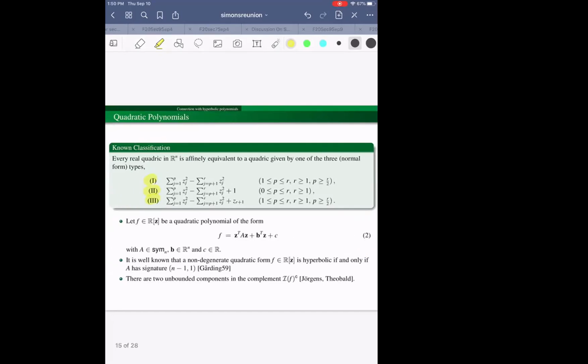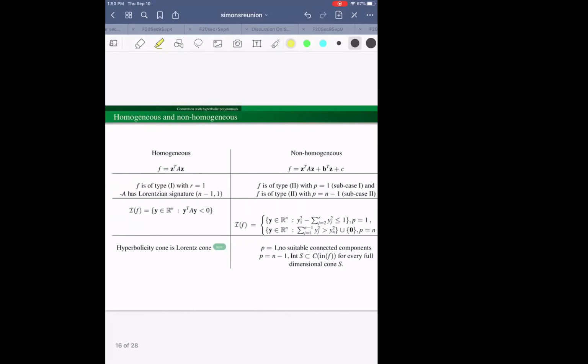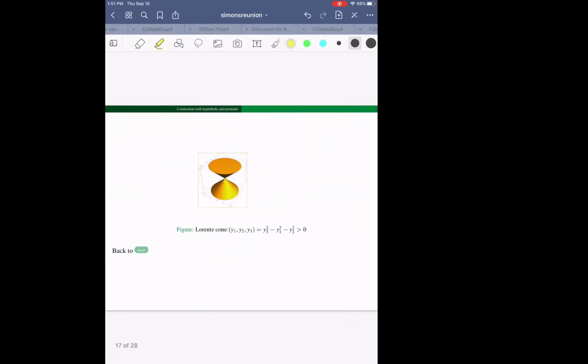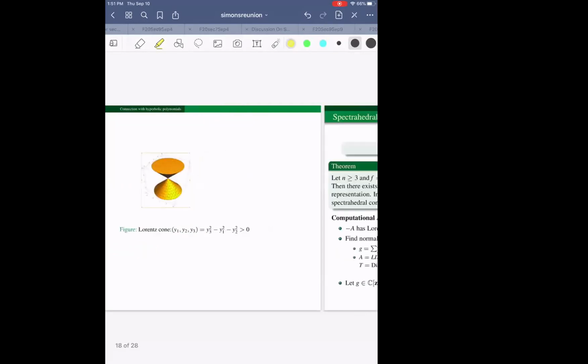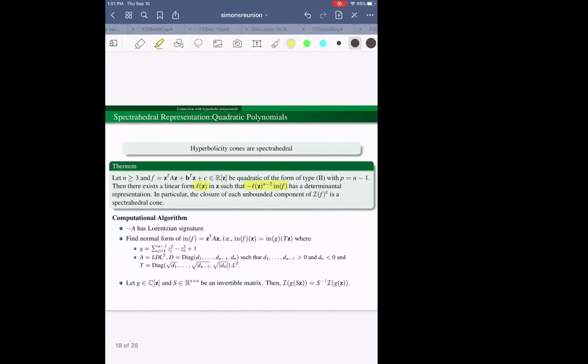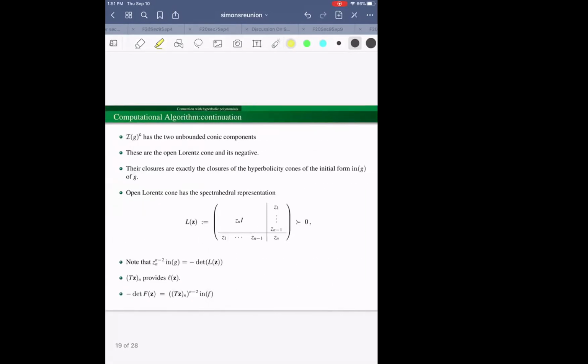Then we compute the imaginary projection of the polynomial, which turns out to be the open Lorentz cone. In the plane, it looks like this ice cream cone. And third, we use the fact that the open Lorentz cone has a spectrahedral representation.